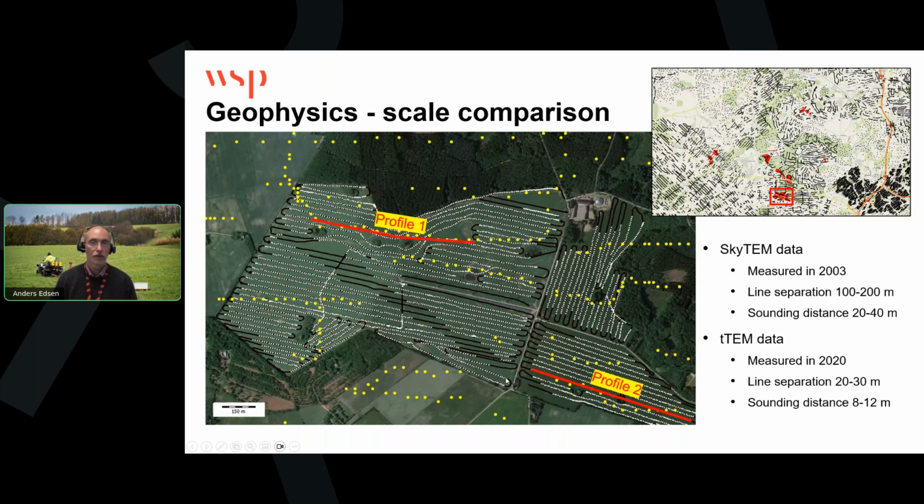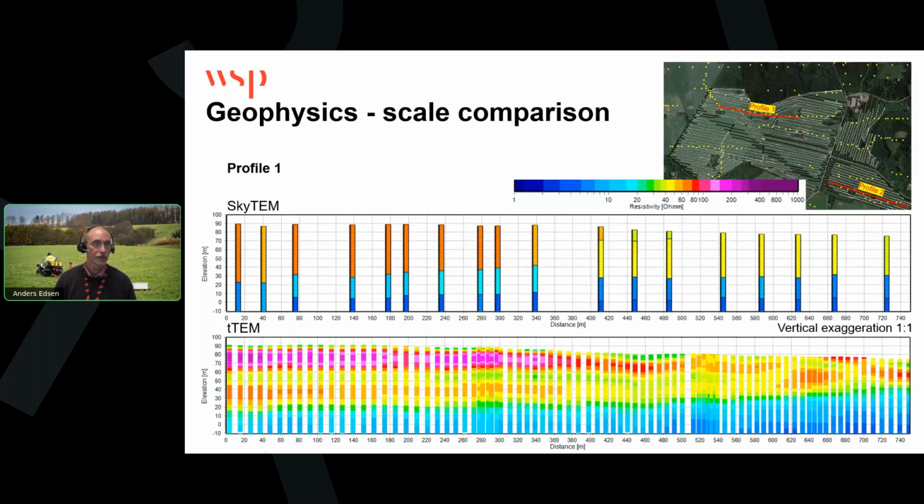So the data projected into the northern profile 1, you see on the top there is the SkyTEM data with the TEM soundings depicted. Remember that the colors here, the lower colors, the blue colors, represent, in this case, Paleogene clays in the bottom of the profile, whereas what we're looking for, if we are thinking of water resources, are the red to purple colors.